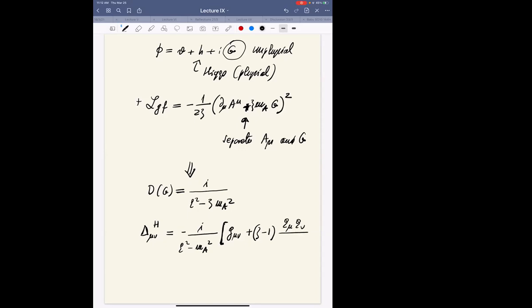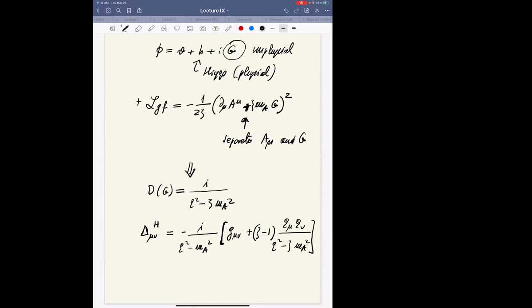This is what we've done up to now. It took me around 10 minutes to bring you what was here, Q square minus xi MA square. I have to pause always to be sure that I'm right. If xi is 1, that of course is trivial. If xi is 0, I should get the transverse propagator. I do. If xi is infinite, I get the Proca.